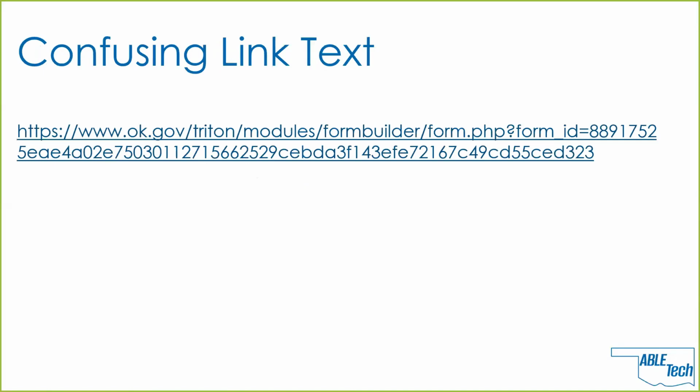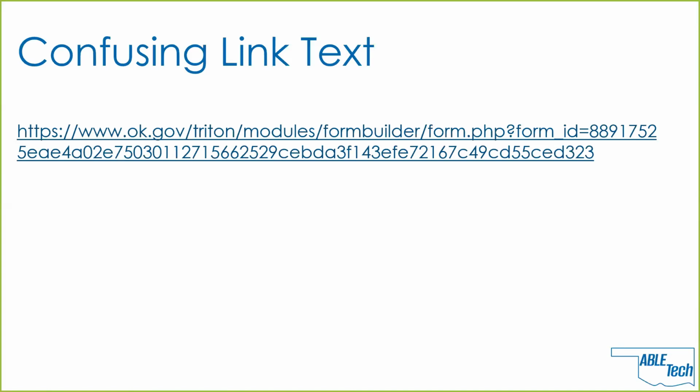This kind of goes back even to a point where we're not using descriptive link text. This link, and I will read this intentionally very quickly when I get to all the numbers, so I apologize to you doing the captioning, but you don't need to keep up with the numbers. This link says https://triton.ok.gov/triton/modules/form.php?form_id equals a whole bunch of numbers and letters.